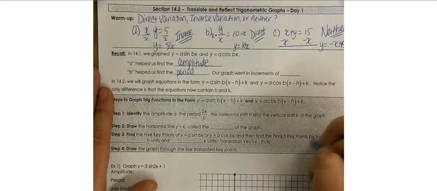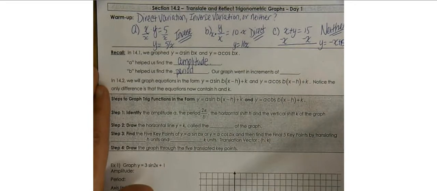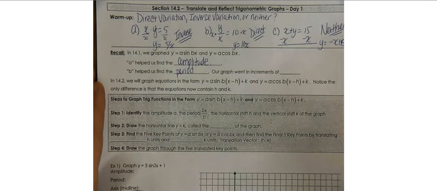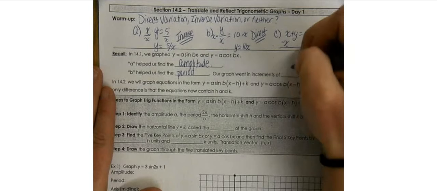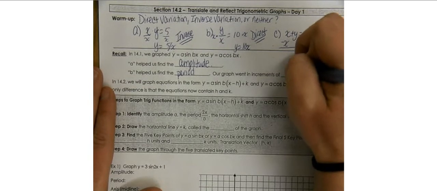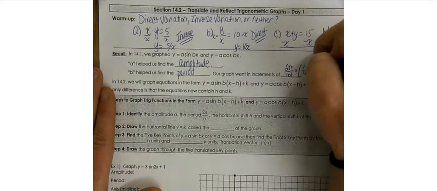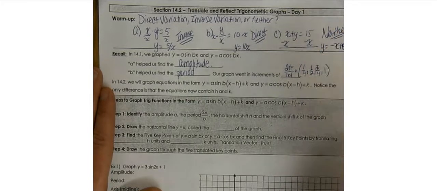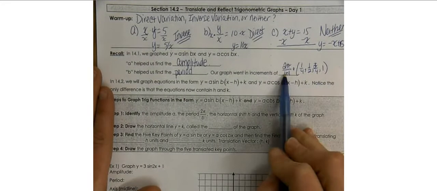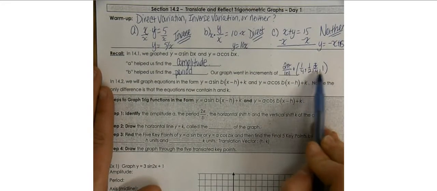And whenever we identified our x values, they always went in increments of 2 pi divided by the absolute value of b times 1/4, 1/2, 3/4, and 1. So we always multiplied the period by 1/4, 1/2, 3/4, and 1.